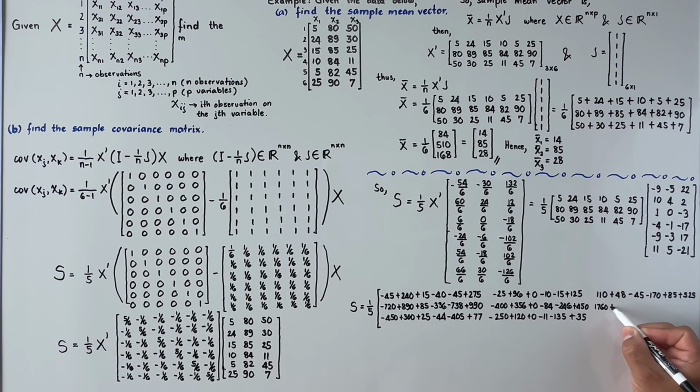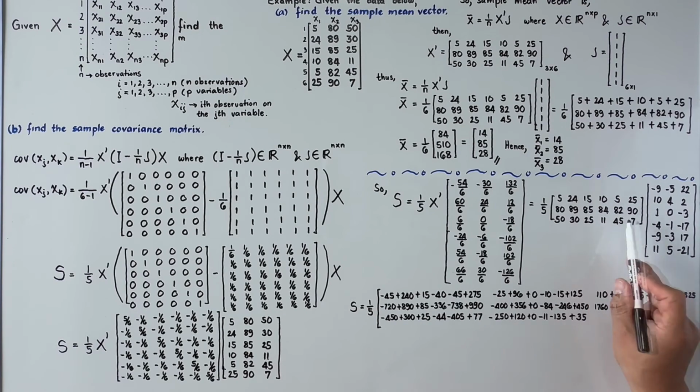And then the second row times the third column, we have 80 times 22, we have 1,760, added to 89 times 2, we have 178, and then 85 times negative 3, we have negative 255, and then 84 times negative 17, we have negative 1,428.